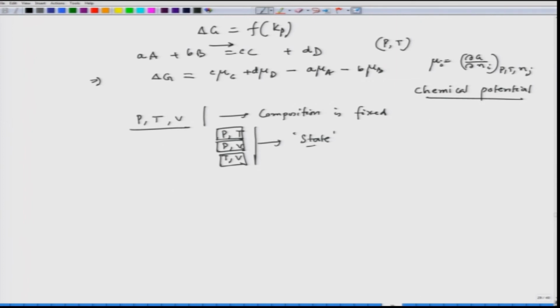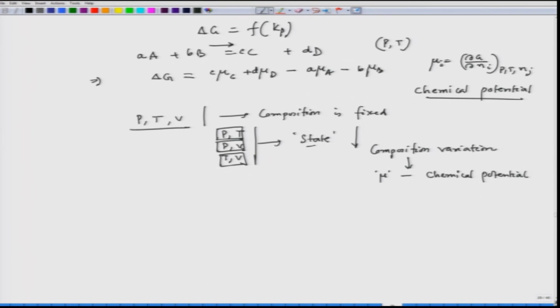Now, once we have the composition variation, then we have to introduce one more parameter to define the state of the system, and that parameter is in the form of chemical potential, because the composition becomes another factor.